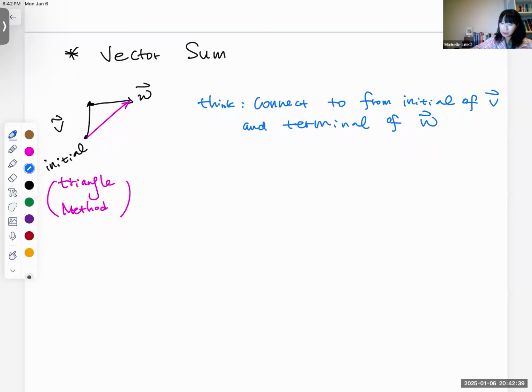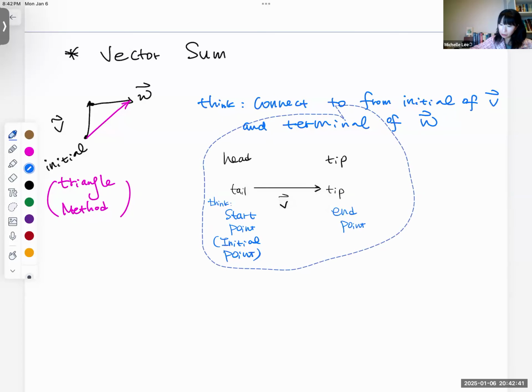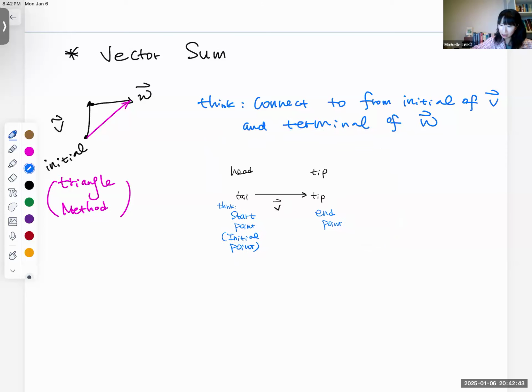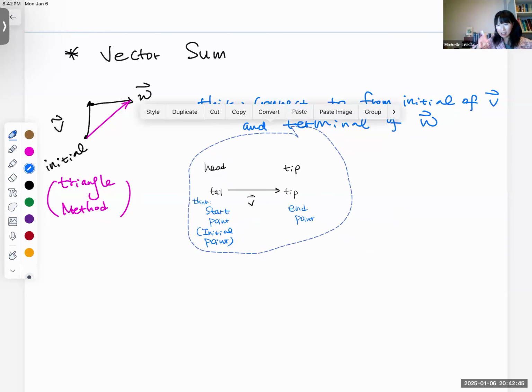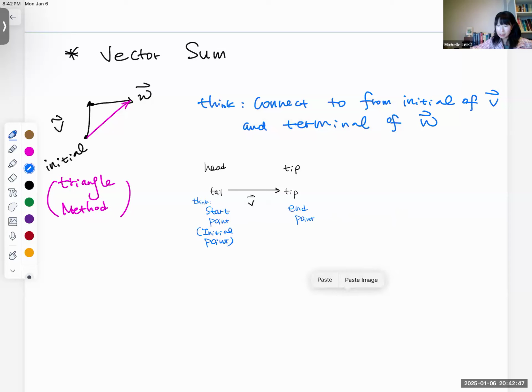Other textbooks use it this way: tail and tip, but tail and tip is a little bit confusing. Some textbooks indicate head and tip. But I think initial and terminal make more sense and are less confusing words, right?